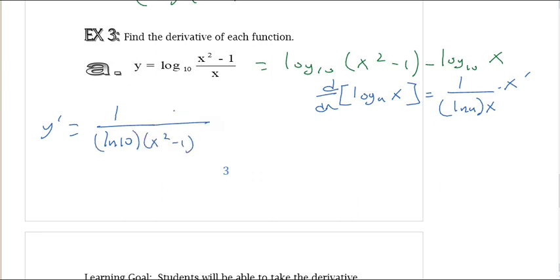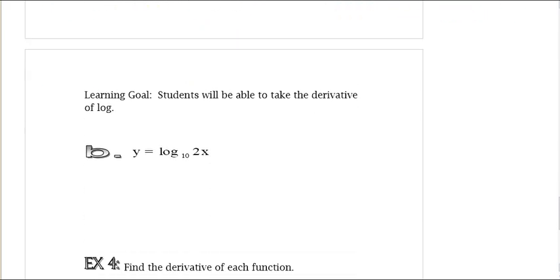And then if I take the derivative of the x squared minus 1, I just get 2x. And then minus, let's take the derivative of the next one. That's just going to be 1 over ln of 10, wacky parentheses everywhere, it's okay, and then times x, and the first derivative of x is just 1. And there you go. It's not so pretty, but it's pretty easy actually.